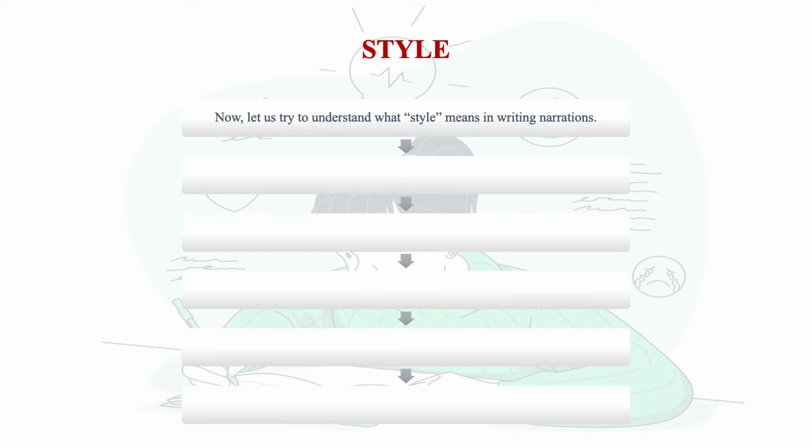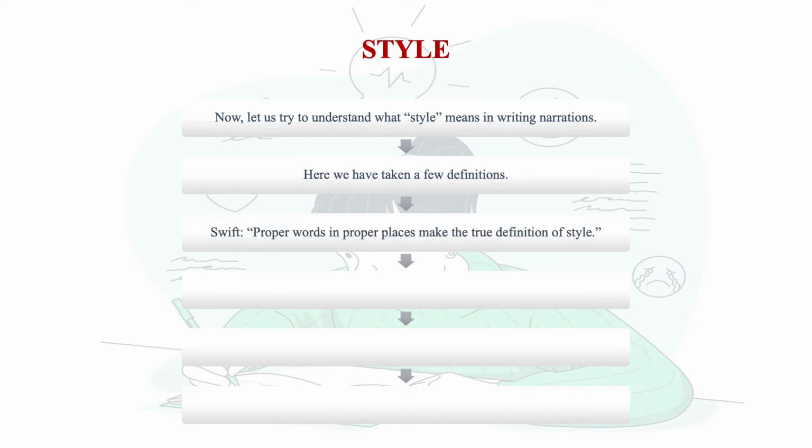Now, let us try to understand what style means in writing narrations. Here, we have taken a few definitions. Number 1. Swift defines style as: proper words in proper places make the true definition of style.